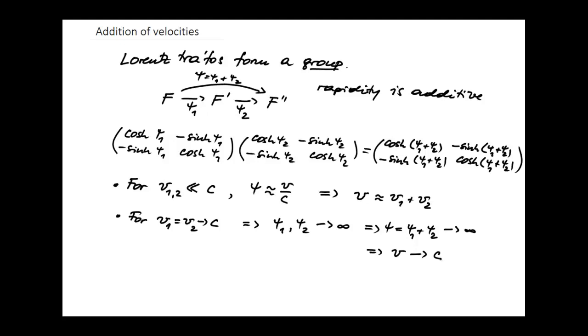There is also an explicit formula for the addition of velocities, but the key message here is, relativistically, it's not velocities which are additive, but it's rapidities which are additive.